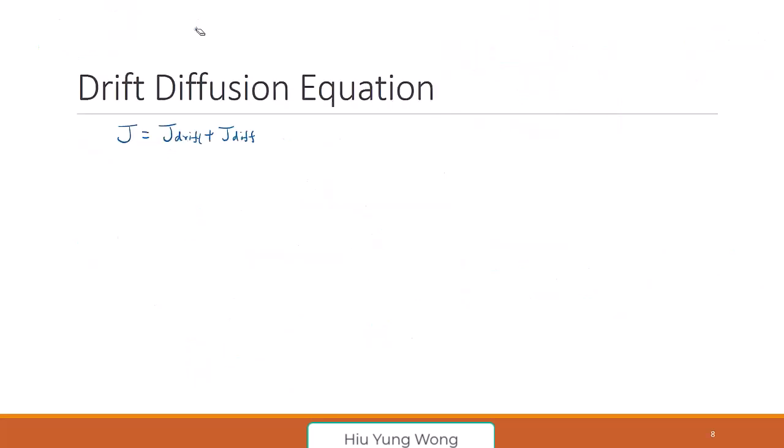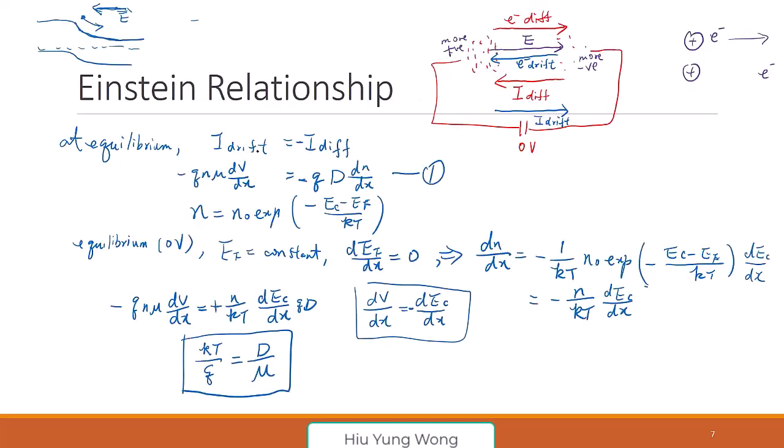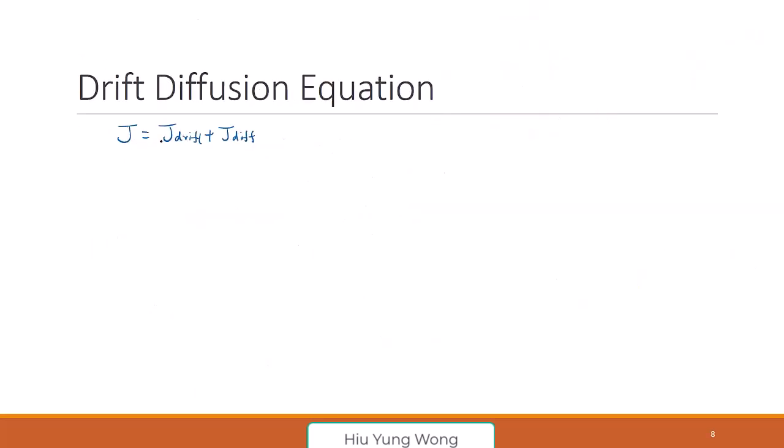Okay, the reason I found the mistake is because now I'm talking about the total current. When it is equilibrium, when J equals 0, it means J drift equals negative J diffusion, just like the previous slide.